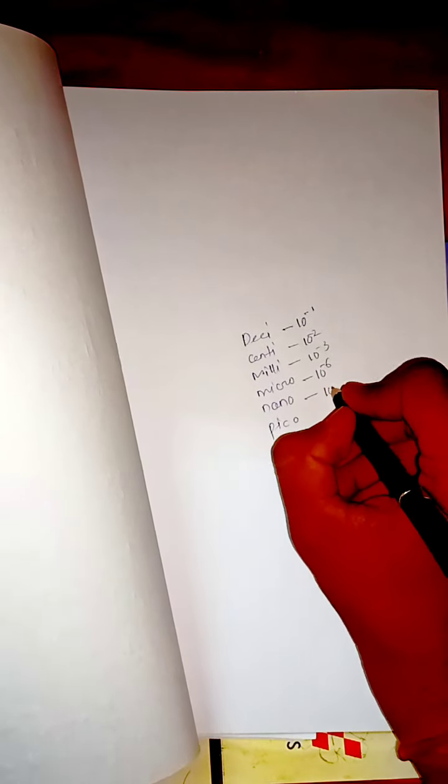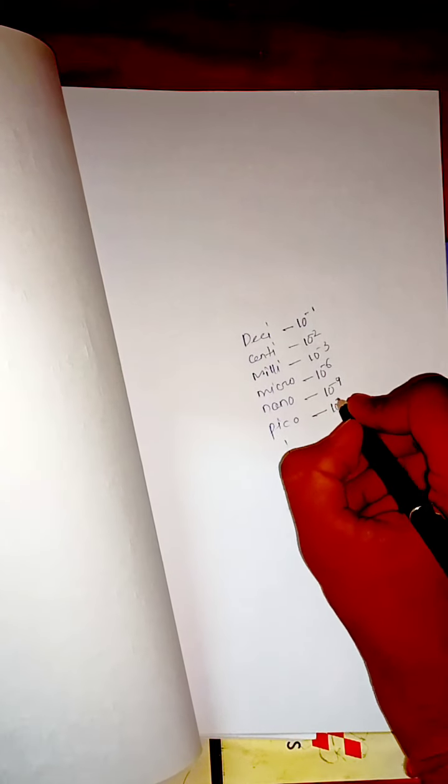Deci 10 to the minus 1, centi 10 to the minus 2, milli 10 to the minus 3, micro 10 to the minus 6, nano 10 to the minus 9, pico 10 to the minus 12.